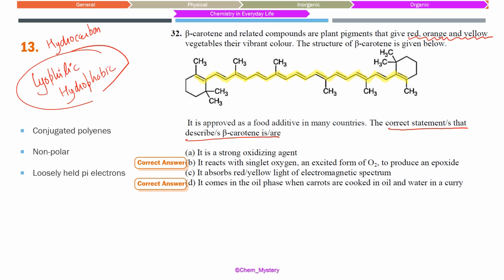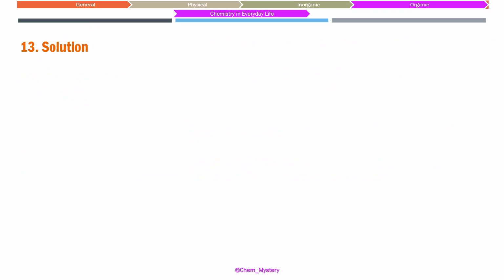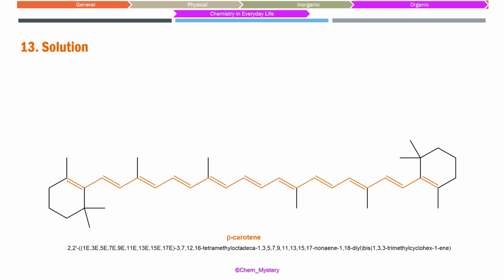So this is the molecule beta carotene, and that's the IUPAC name this molecule has. All of these double bonds except the leftmost and rightmost are going to have stereogenic centers, either in E configuration or Z configuration.